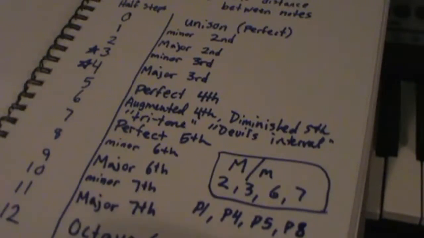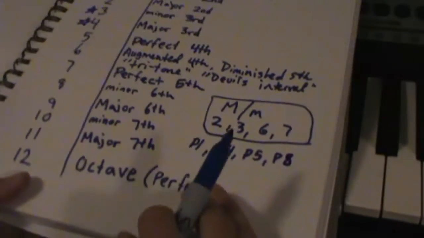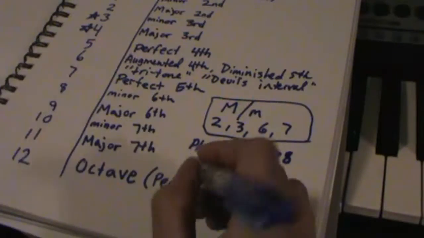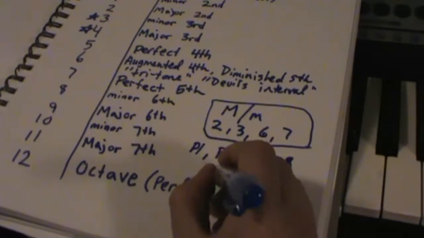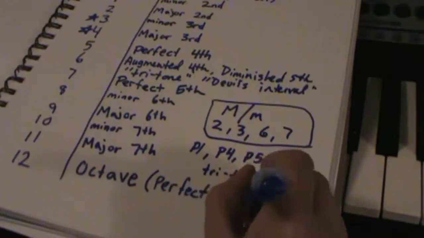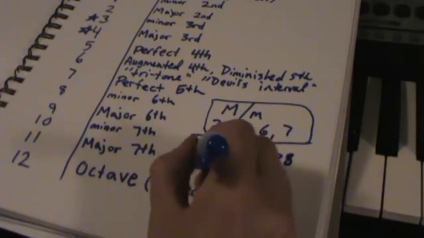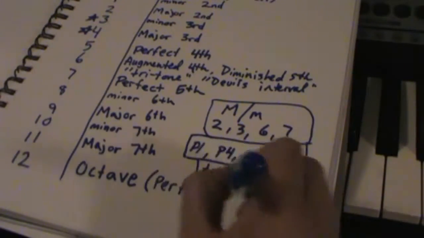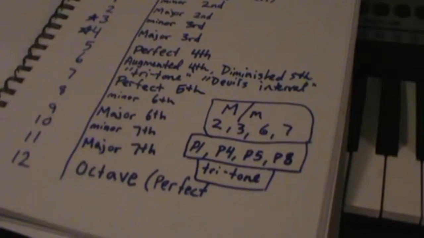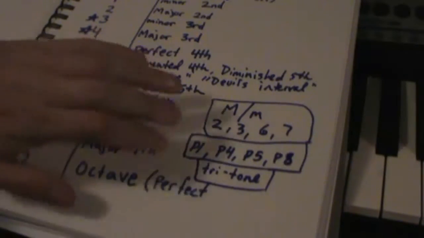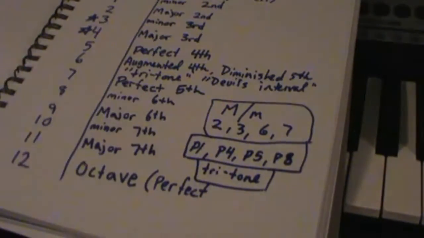So those are the perfect intervals. And then you got the weird guy in the middle, the tritone. Okay, so if you kind of categorize them into 3 different groups, that might help.